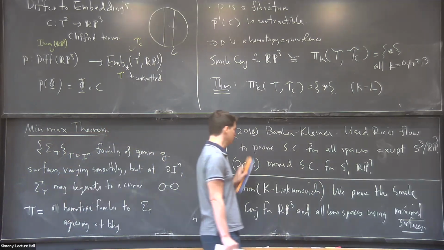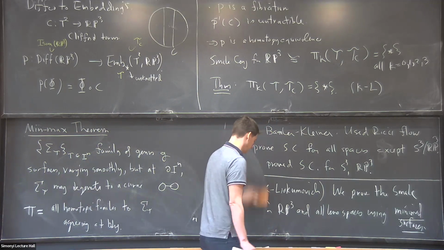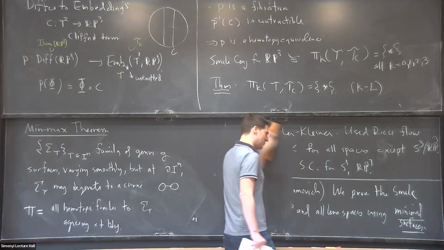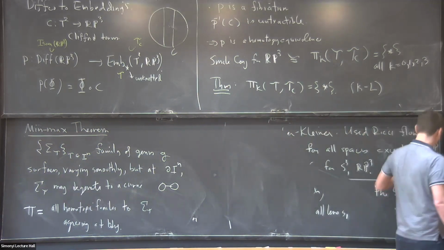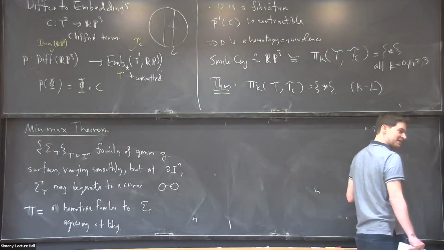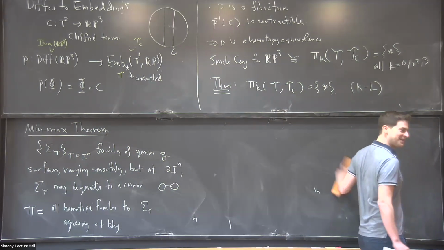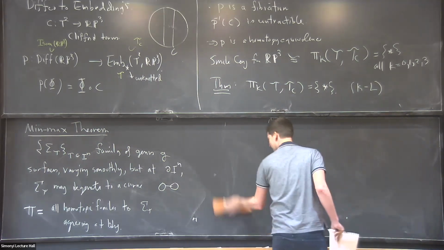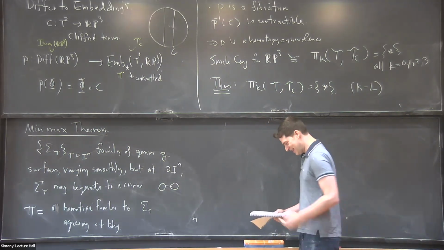Just to double check, this tau has nothing to do with the previous tau. Good observation, yes. Different tau. This is a lowercase tau and that was an uppercase tau. I'm sure you can tell the difference with my handwriting.